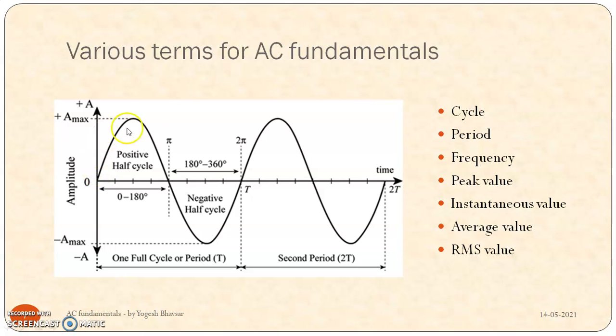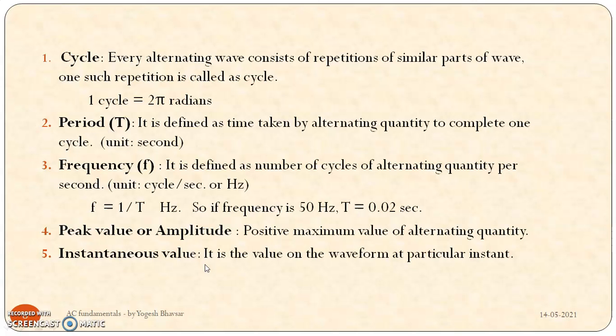One complete cycle contains a positive half cycle and a negative half cycle. So we can say one full cycle is equal to 2 pi radians, that is 360 degrees.